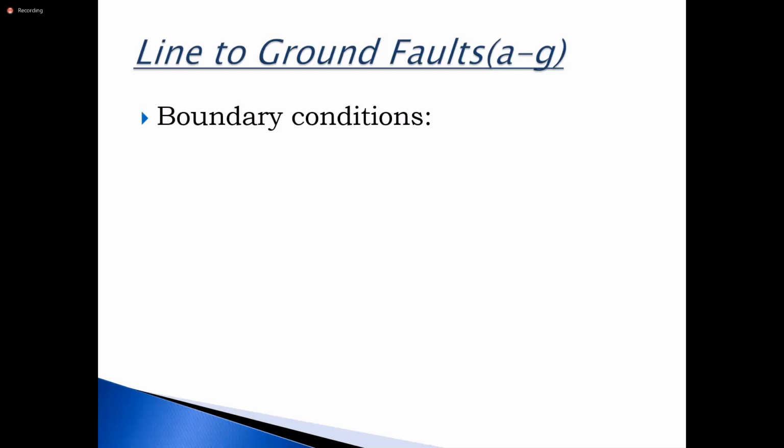Where there are faults involving two phases, the assumption is that it involves B and C. But we do that with the full understanding that it could have been A and B, A and C, etc. The bottom line is that the calculations will remain the same. It's just that the equations and the displacements that you'll be using are slightly different, but the principle remains exactly the same.